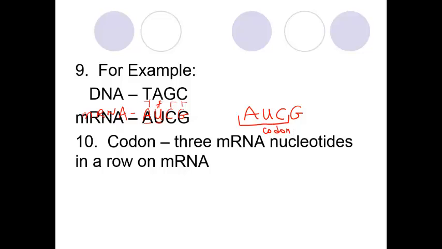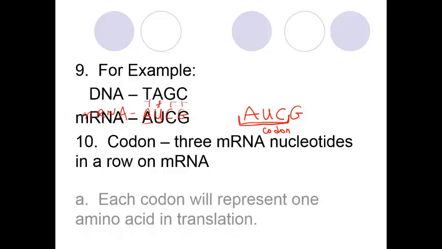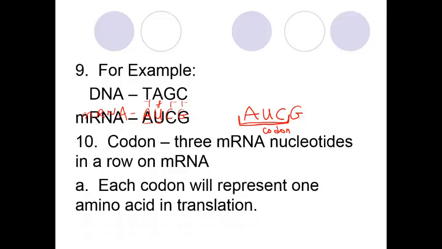And it has to be in a row, so you can't have the A and then the C and the G and skip one. It has to be consecutive, meaning in a row, nucleotides. And that's going to be a codon. And eventually, when we get into translation in a future video, every single one of these codons will give us 1 amino acid. So that's just one piece of our protein.